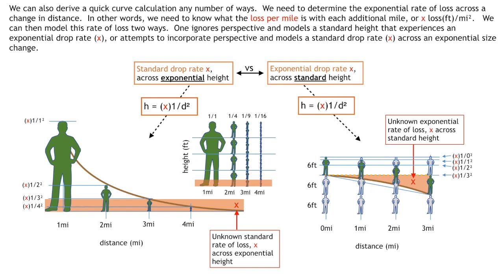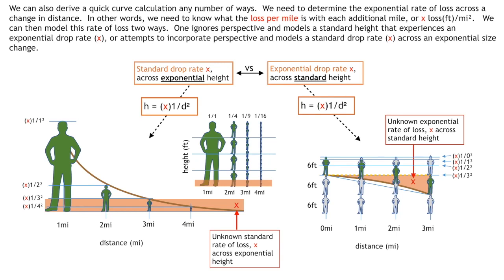So here we have our two possible ways to model this, but the same equation. You have a standard drop rate x across an exponential height change, which you could then place into perspective to view something getting smaller with distance and parts of it getting cut off with that distance. So height is equal to x, some constant, some unknown standard rate of loss across 1 over the distance squared to give us our exponential height change.